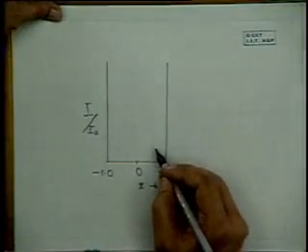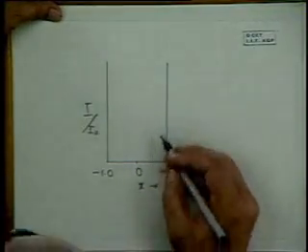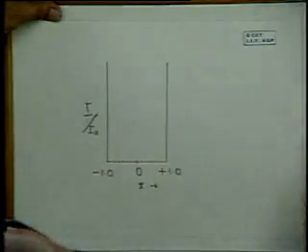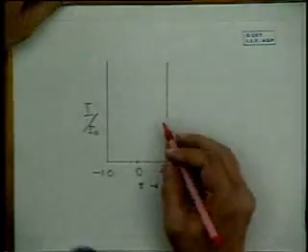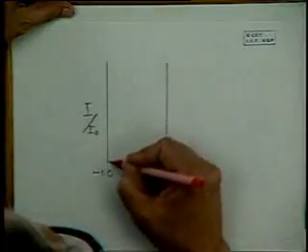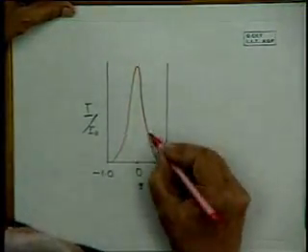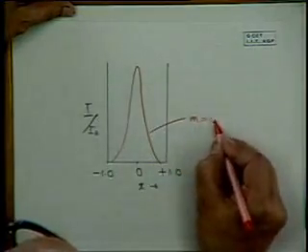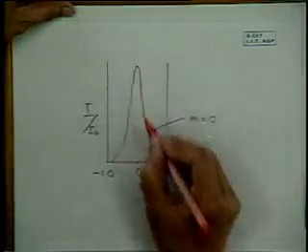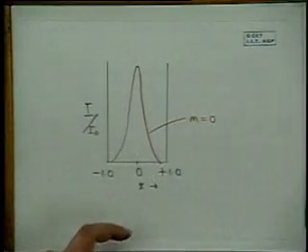For the M equal to 0 mode, you will get one single peak of a Gaussian nature. This is the desirable mode, the one that you want.